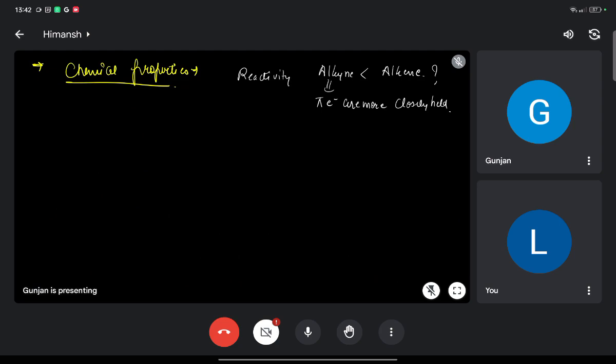The triple bond carbons are electronegative in nature, so they will tightly hold the pi electron cloud.